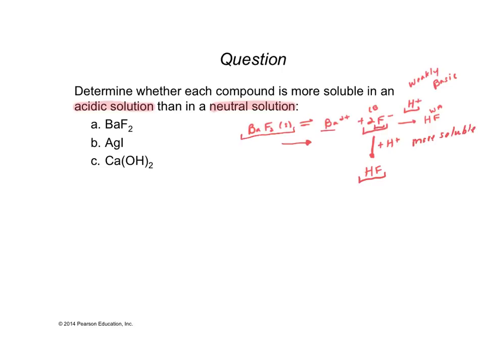More of it will dissolve to replace the fluoride ions that it is losing in this reaction with the hydronium ions forming HF. So any type of salt that has a weakly basic or strongly basic anion is essentially going to be more soluble in a lower pH, in a more acidic solution. So A would be more soluble in an acidic solution.